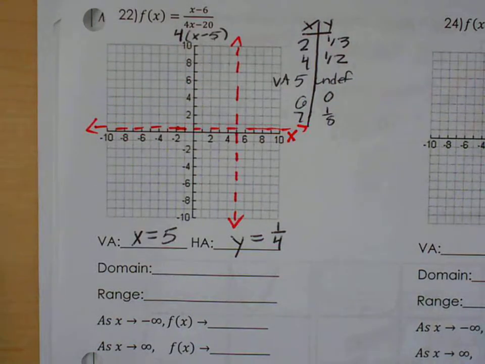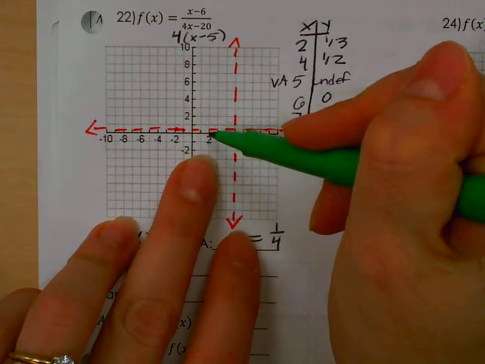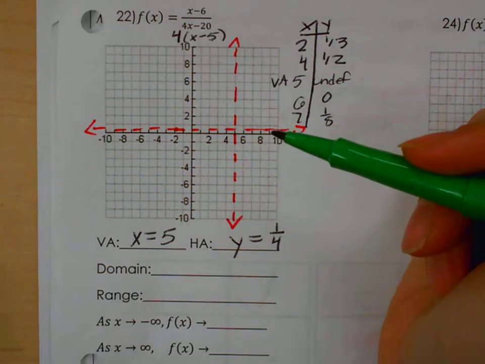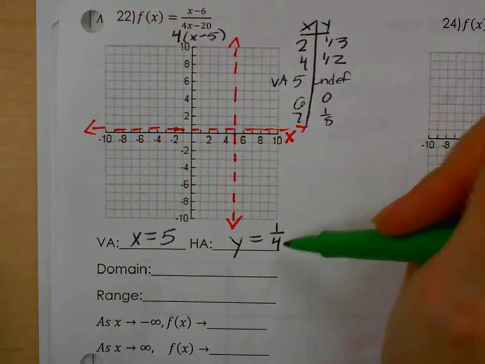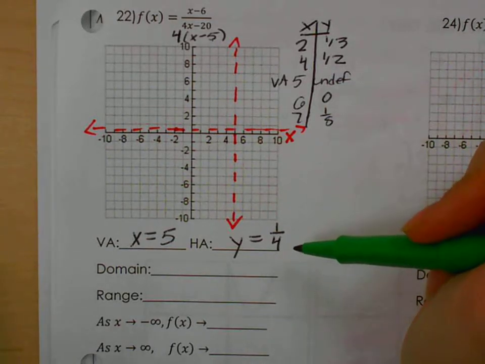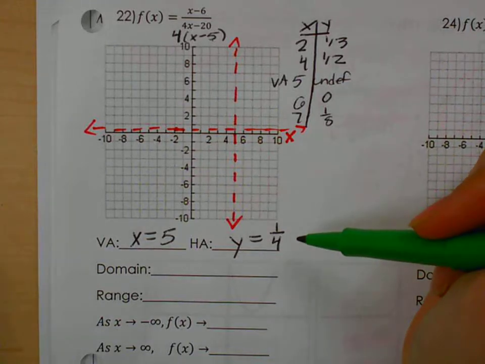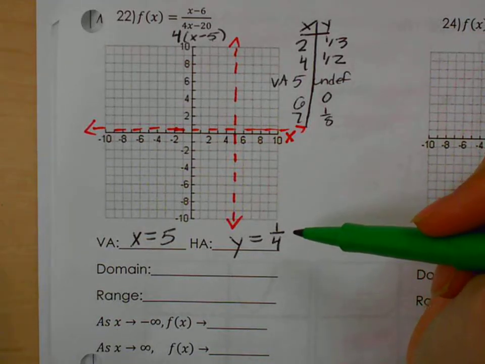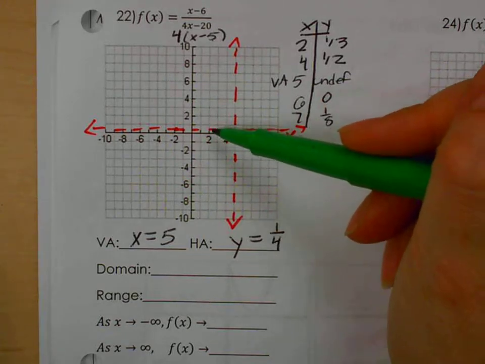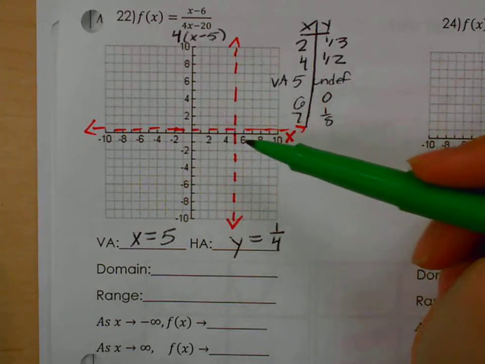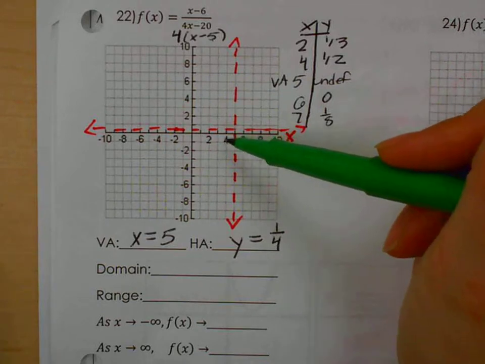So when I plot these points, I've got 2 and 1/3. Think about 1/4 and 1/3, right? 1/3 is actually bigger than 1/4. So I know it's hard to accurately graph on this, but it is above my horizontal asymptote.